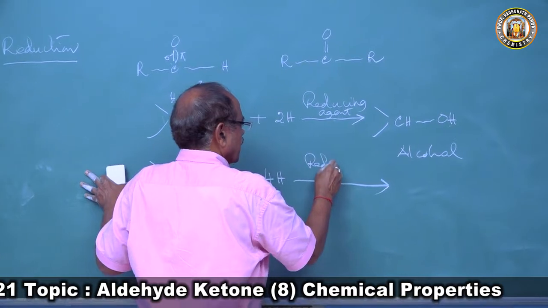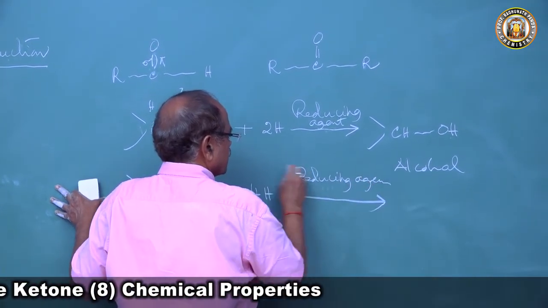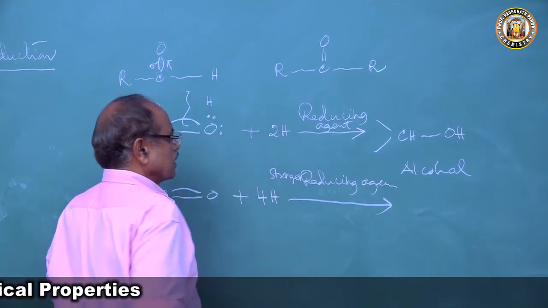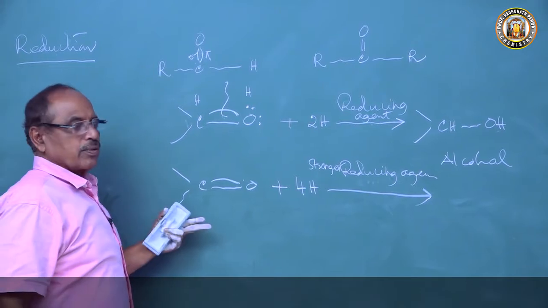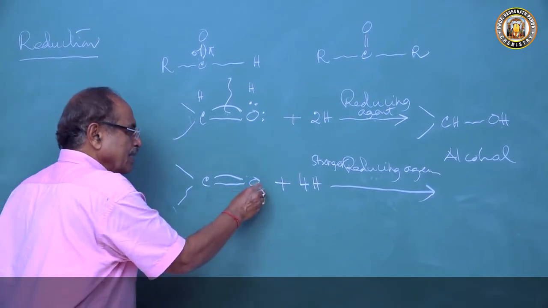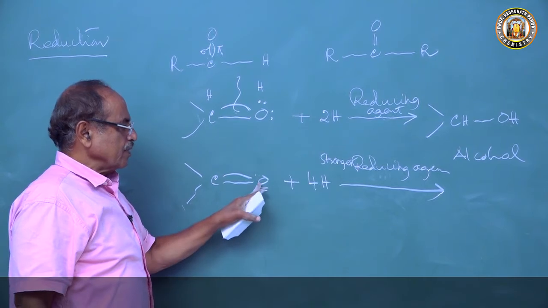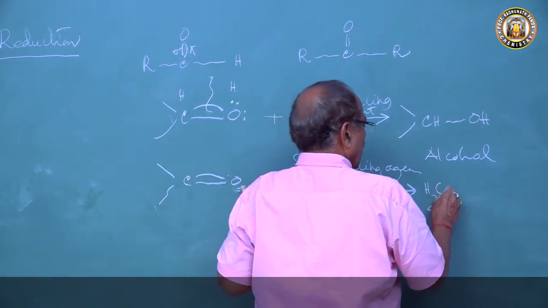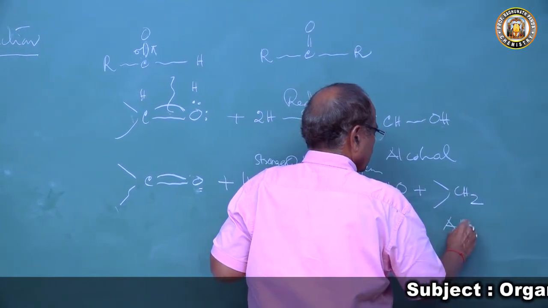We use a stronger reducing agent, so the oxygen atom can be eliminated as a molecule of water. The 2 hydrogen atoms will take oxygen away as a molecule of water and this will form CH2. So this is an alkane.